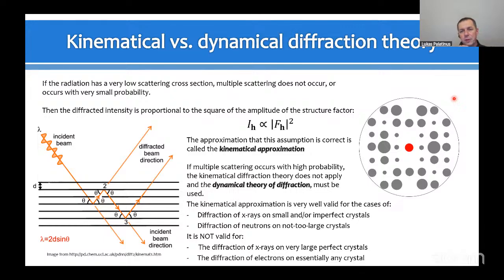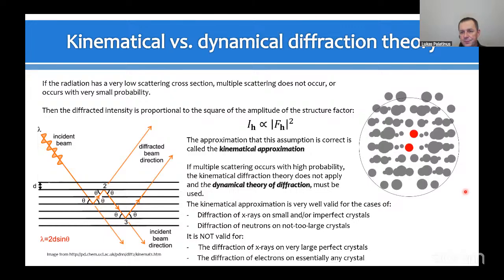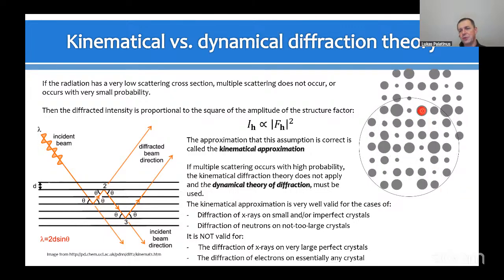But now, if the interaction is strong, then every diffracted reflection or every diffracted beam can act as a new primary beam that can diffract again. So if we pick one of these reflections, this one, it acts as a new primary beam, and it diffracts again. So suddenly you get an overlap of two diffraction patterns, each emanating from a different primary beam.